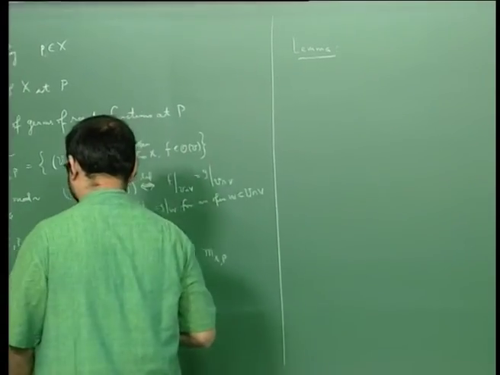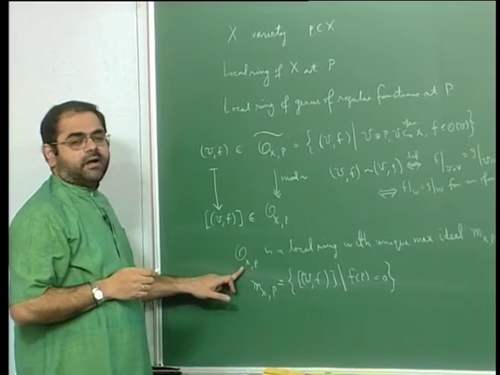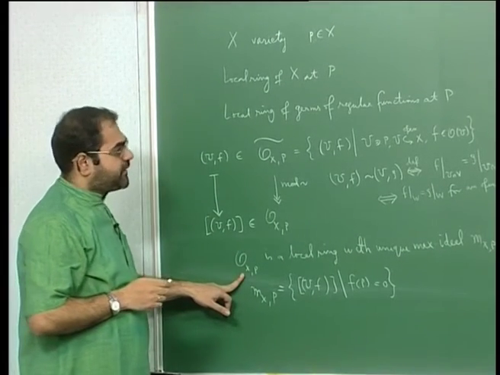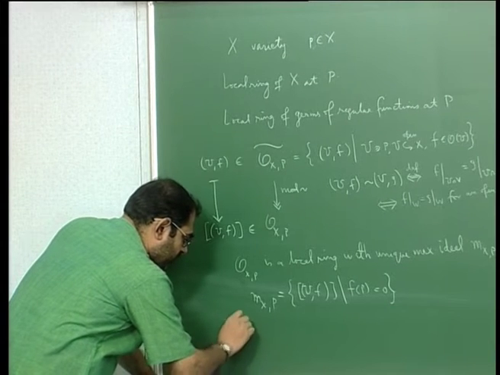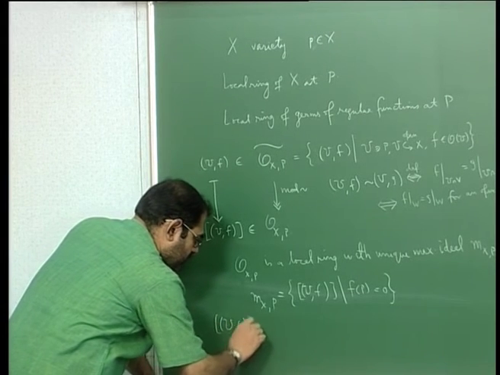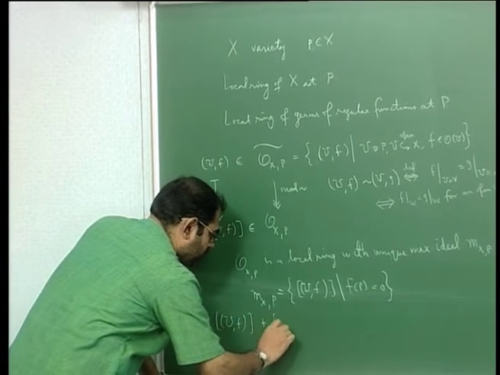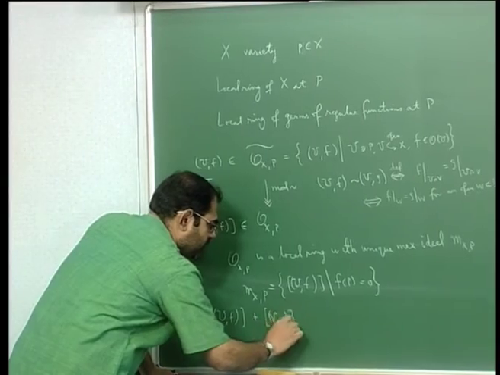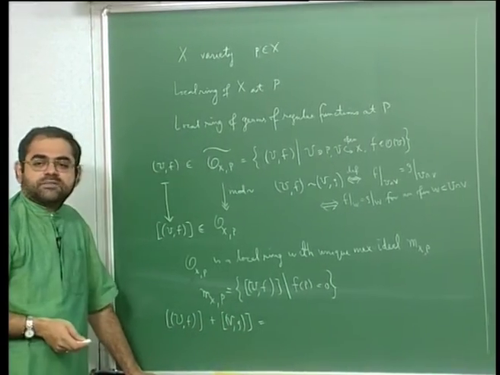By the way, I forgot to tell you that there is an obvious way in which addition and multiplication are defined here. Maybe I will just recall it. You have a germ (U, f), you add it with (V, g) by simply adding the functions on the intersection.